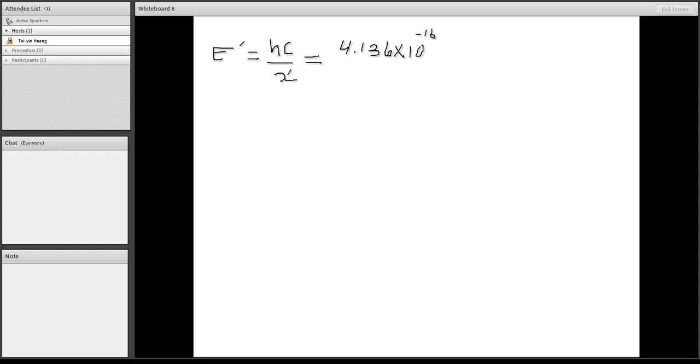When you do the calculation, you have to be careful which h to use. Now, if you think it's too much trouble to remember, then just use everything in SI units, which means energy has to be in joules. That will be acceptable as well. Okay, and your lambda prime is what we just calculated. You just plug in.